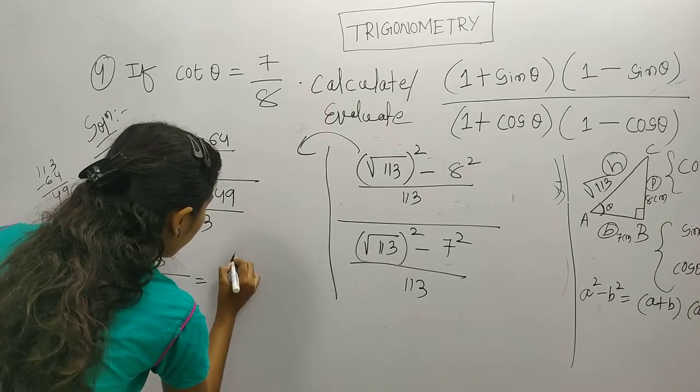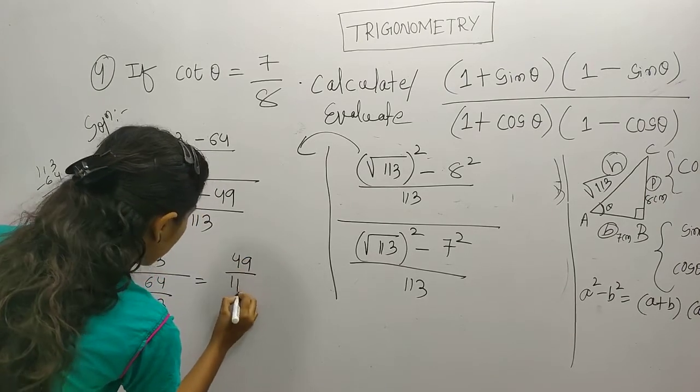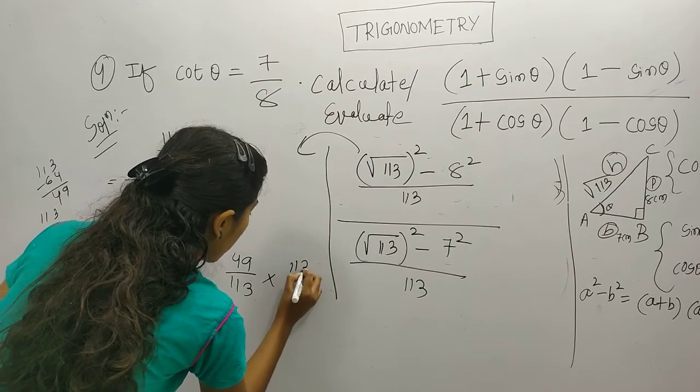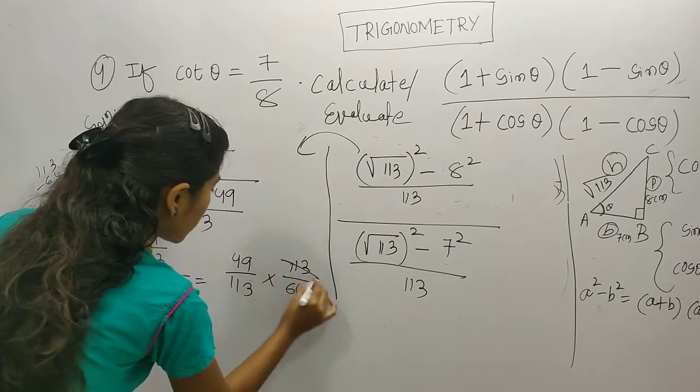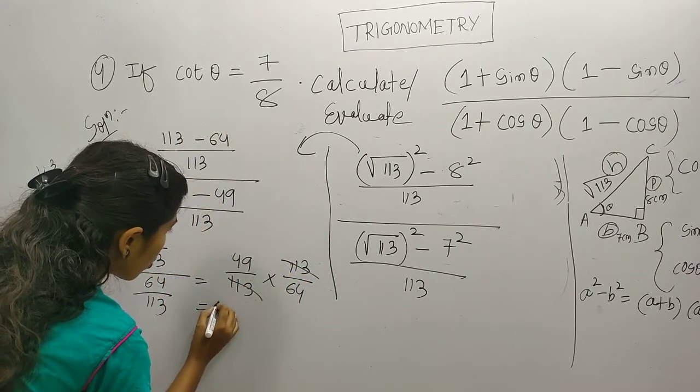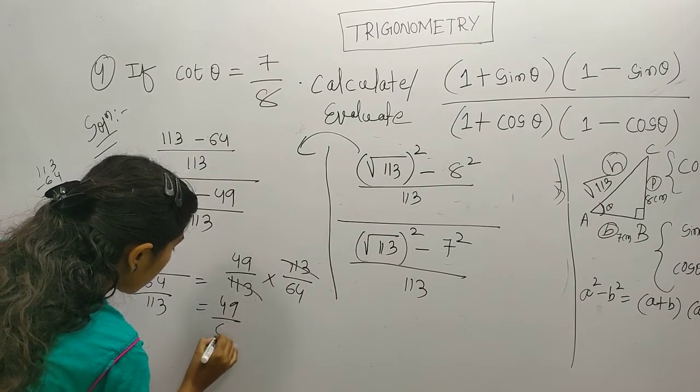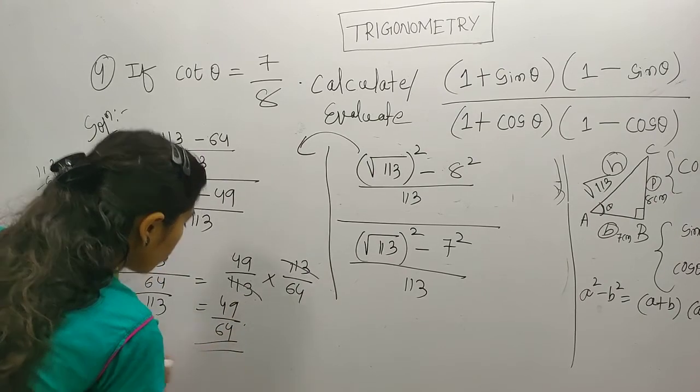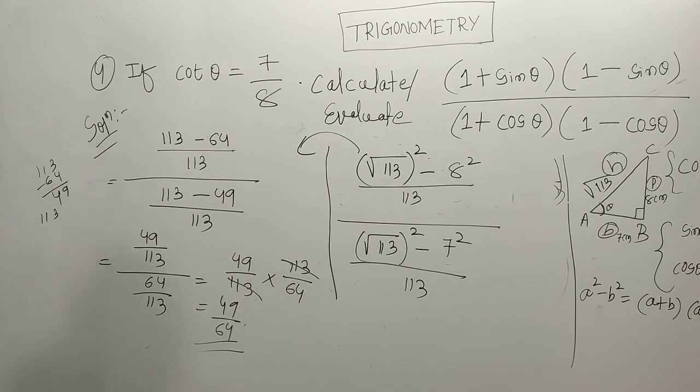So it will become 49 by 113 into 113 by 64. 113 cancelled, so it will become 49 by 64. So our answer is 49 by 64.